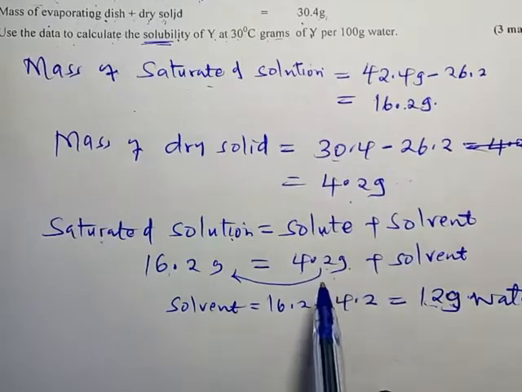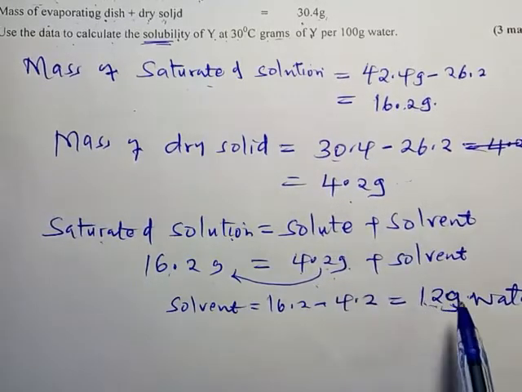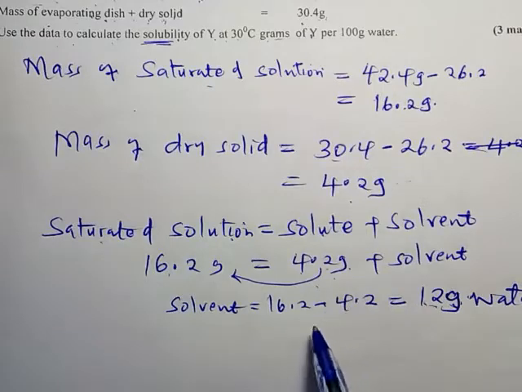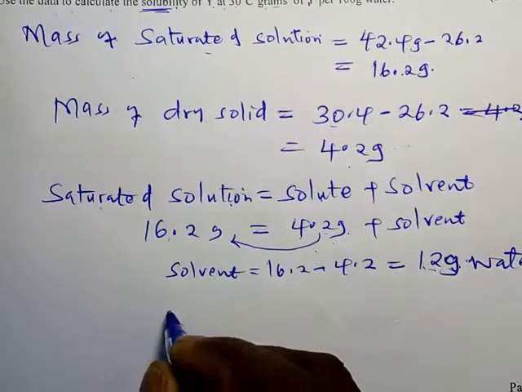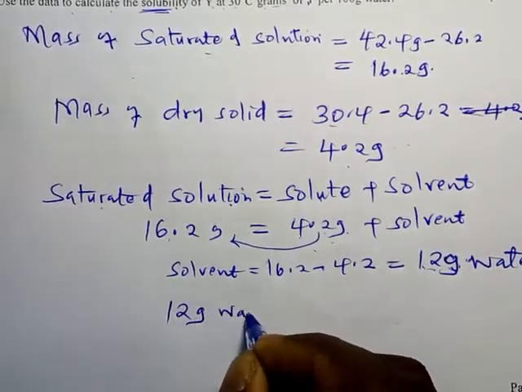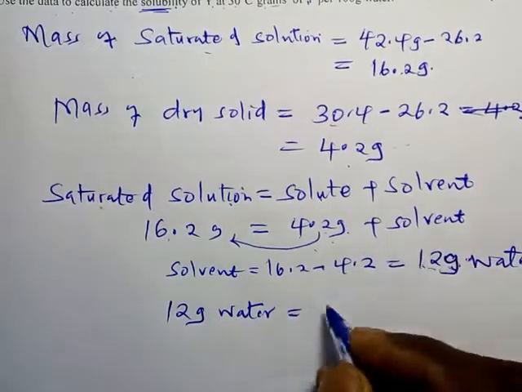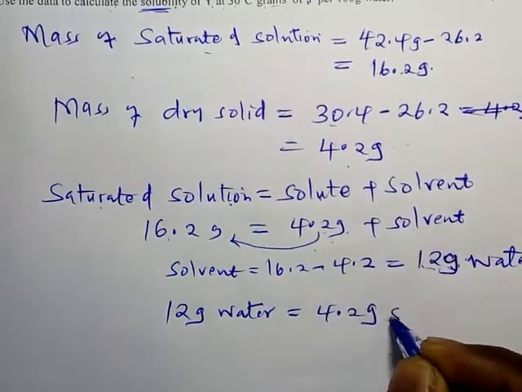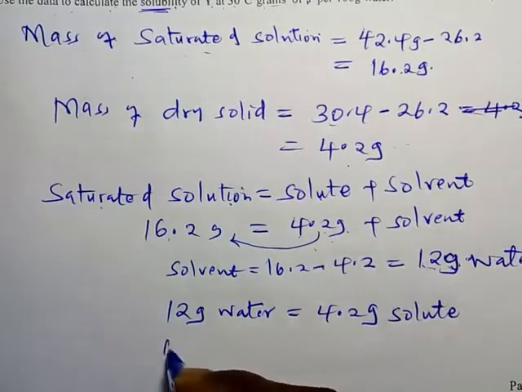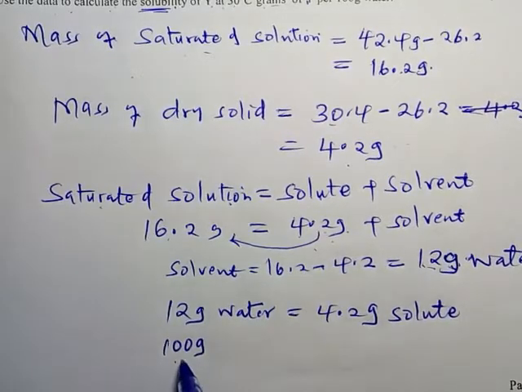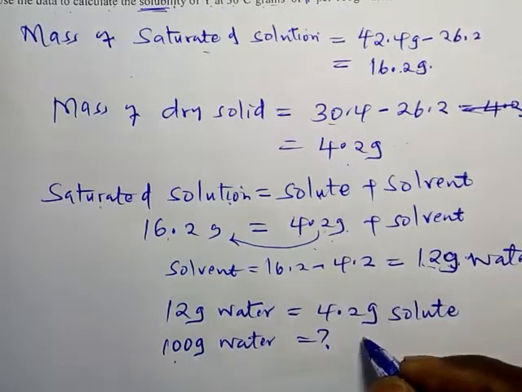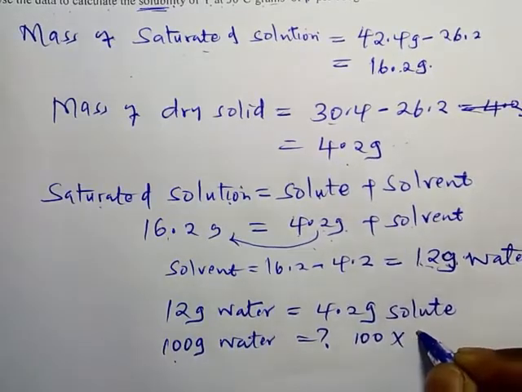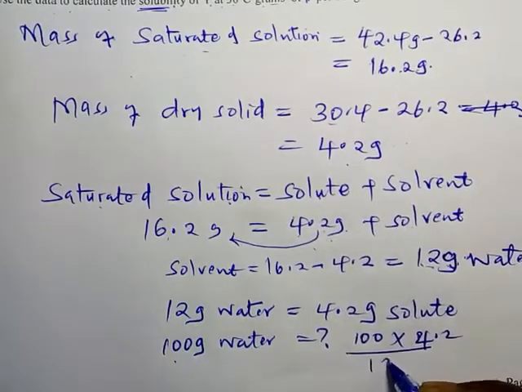Now we will ask: 100 grams of water will dissolve what amount of the solute? That's what we call solubility. So we say that 12 grams of water dissolves 4.2 grams of the solute. 100 grams of water, because solubility is the mass in 100 grams of water to form a saturated solution, will contain what amount of the solute? 100 times 4.2 divided by 12.